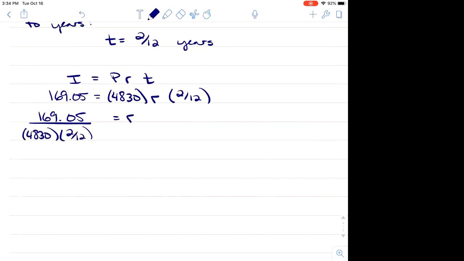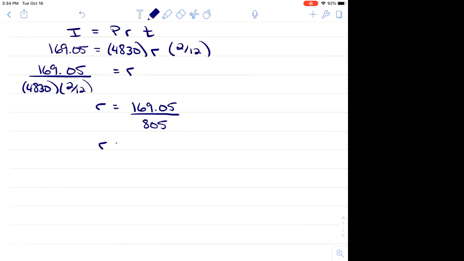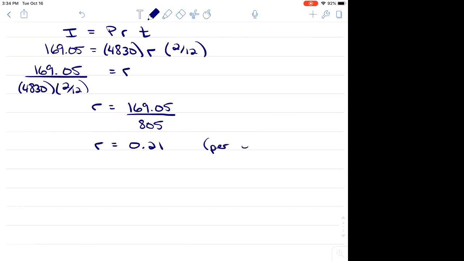Makes an even 805. So R, just switching sides here, is 169.05 divided by 805. Nice. 169.05 divided by 805. The rate must be 0.21 per year, right? Remember that that's per year.